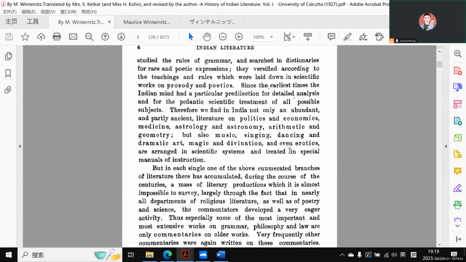That's actually one very unique point. If you learn much deeper into Indian history and Sanskrit literature, you will find that what Winternitz has mentioned is quite true. Yes, it's quite true.